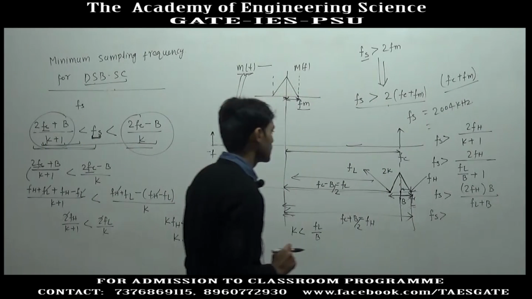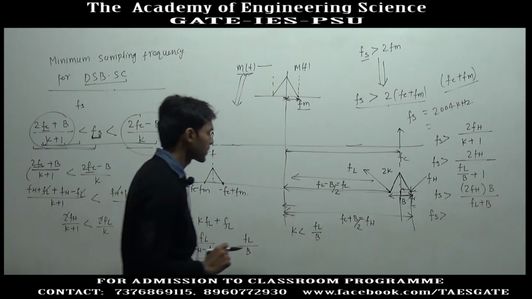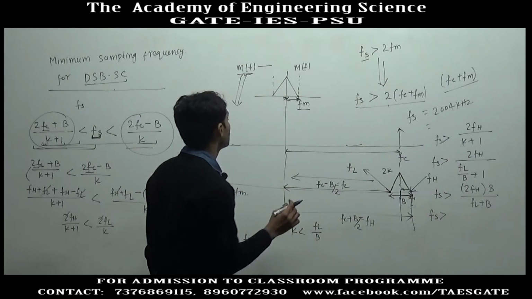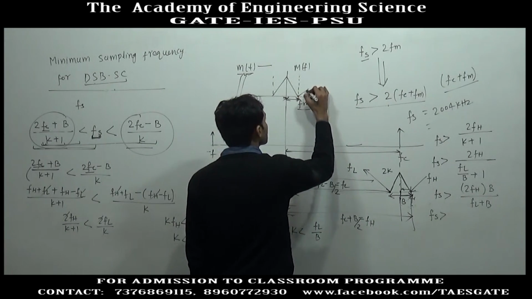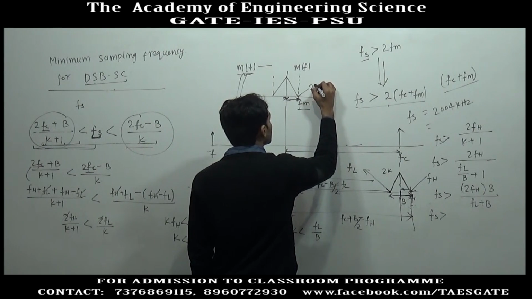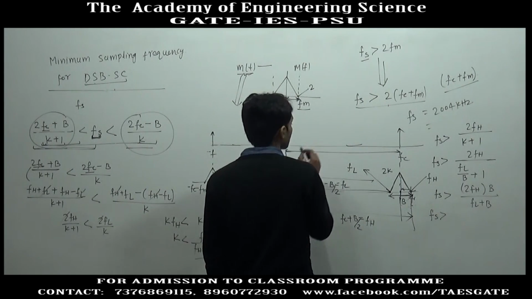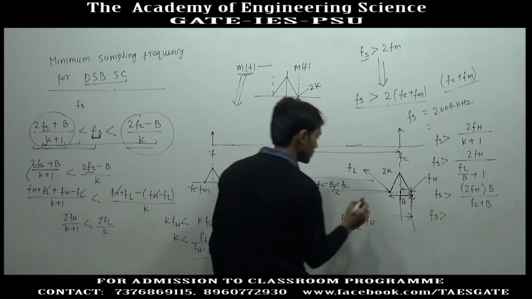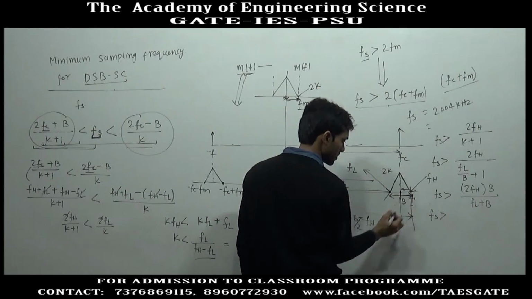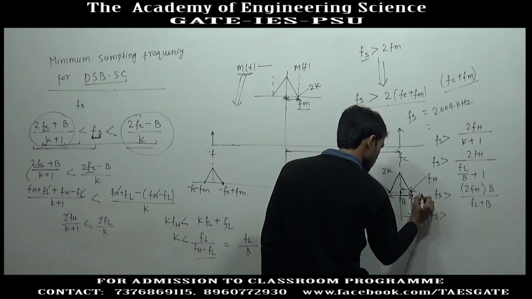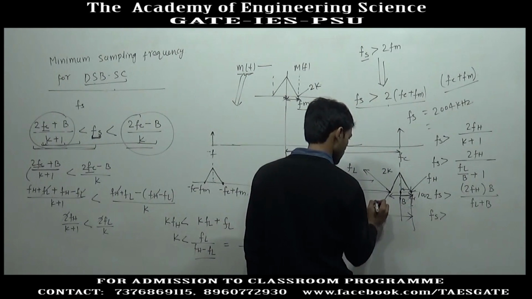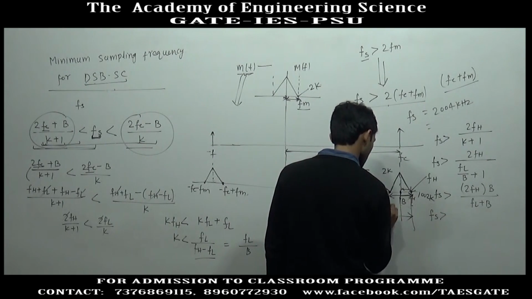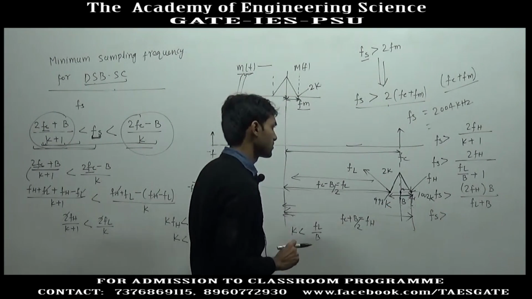Now, in the case of DSB-SC, suppose in our example this width is 2 kilohertz. So, this point is 1000 kilohertz, this is 1002 kilohertz, and this is 998 kilohertz.